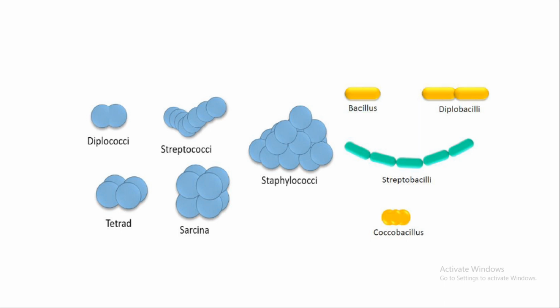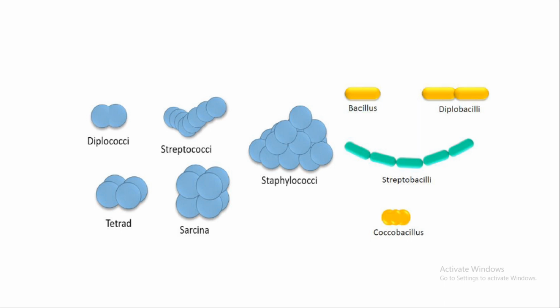So, coccus and bacillus are singular, cocci and bacilli are plural. When two spherical cells are connected together, it is called diplococci, and two cylindrical cells connected together are called diplobacilli.